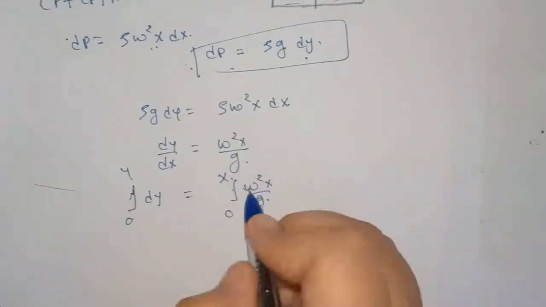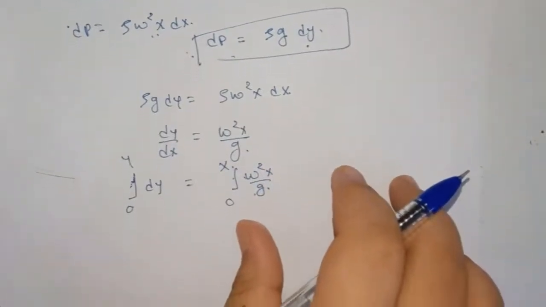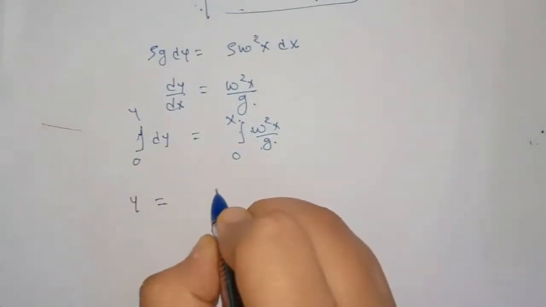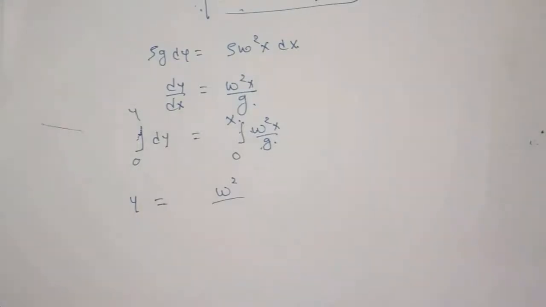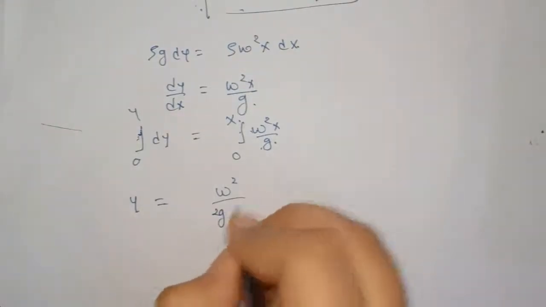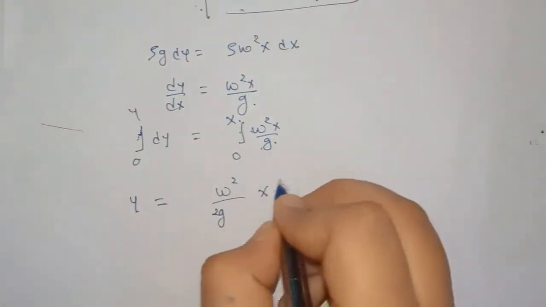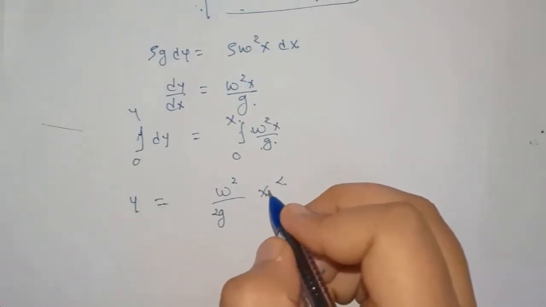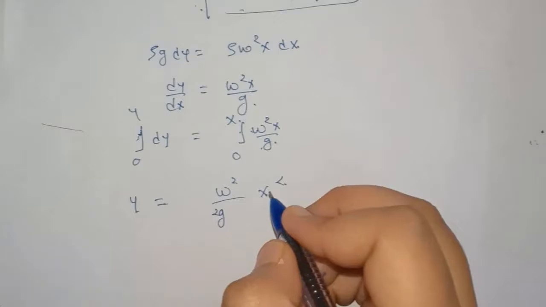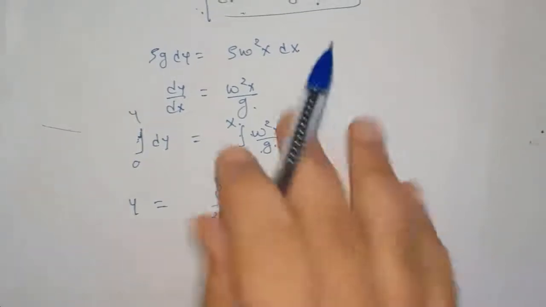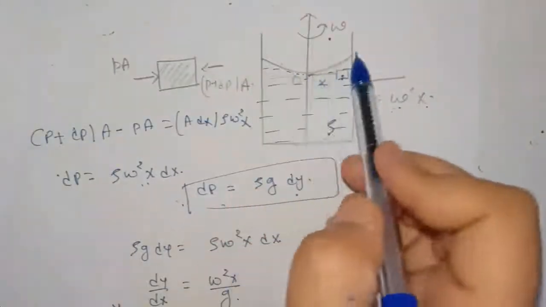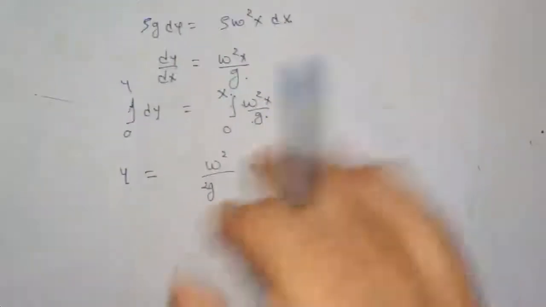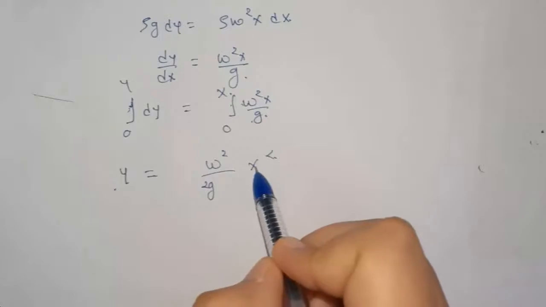This omega square and g are constant, so we can write y is equal to omega square by 2g into x square. So free surface of liquid is in parabolic shape, that we can see. In this case it is in parabolic shape because y is proportional to x square.